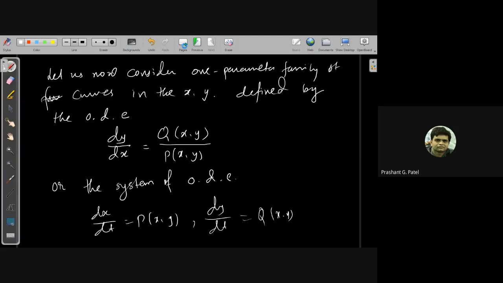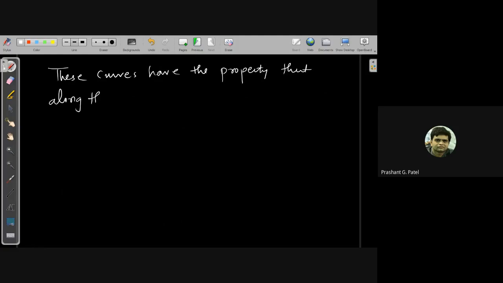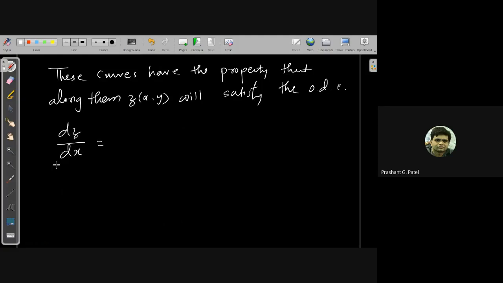Now we'll note that these curves have the property that along them z of x,y will satisfy the ordinary differential equation dz by dx. So z is a function of two variables x and y.